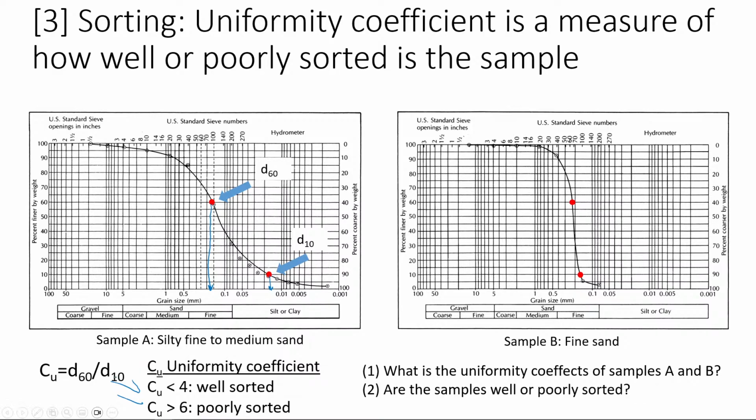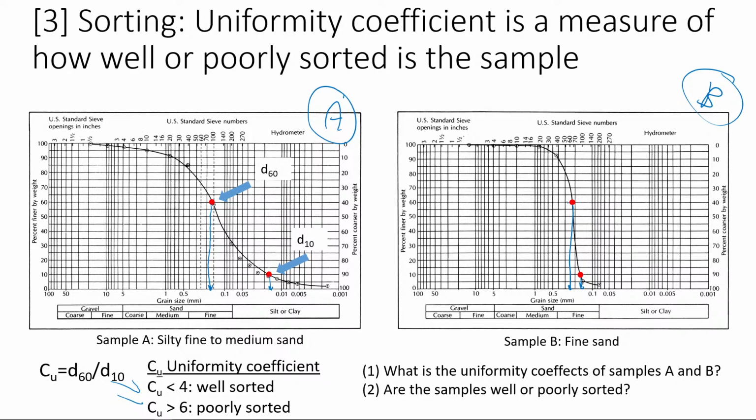Just by looking at this figure, my question to you is, what is the uniformity coefficient of sample A and sample B? Here you have sample A, and this is sample B. Are the samples well or poorly sorted? Without calculating anything, I can tell you that 60% passes this grain size here, and 10% passes this grain size.